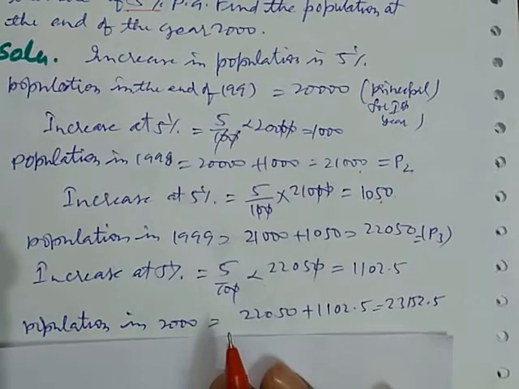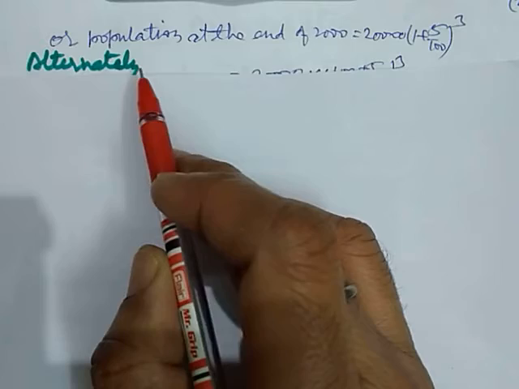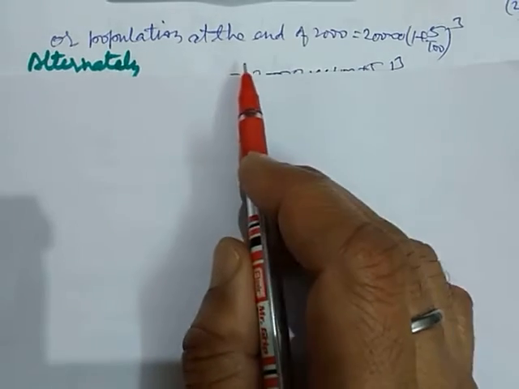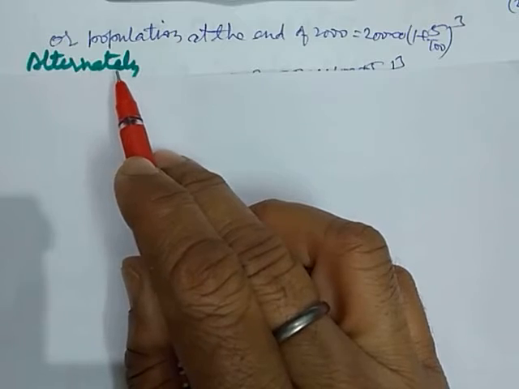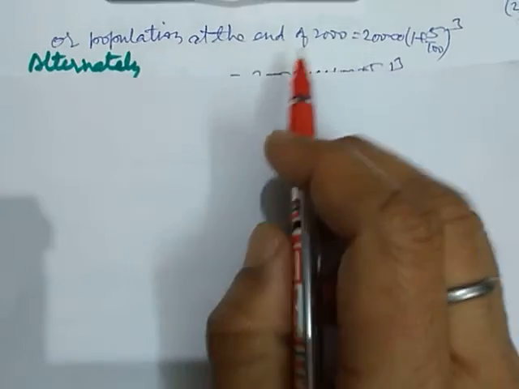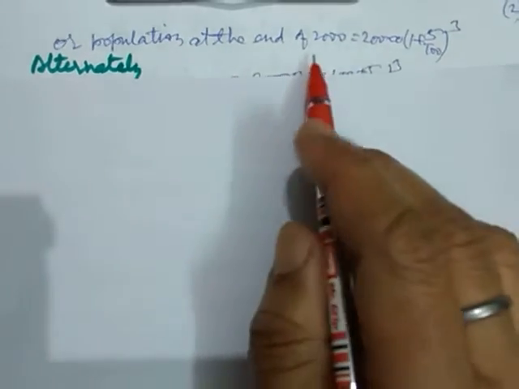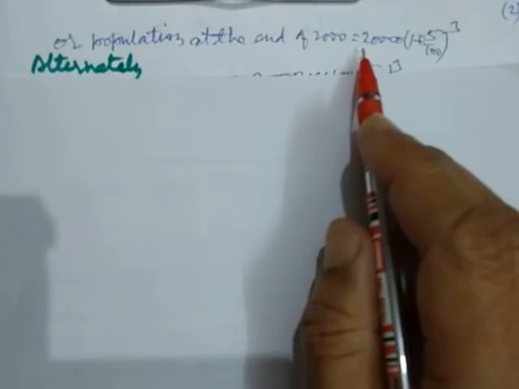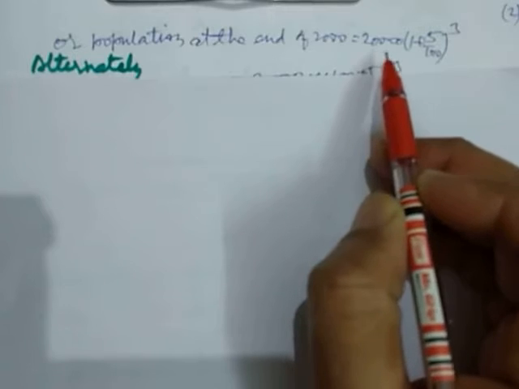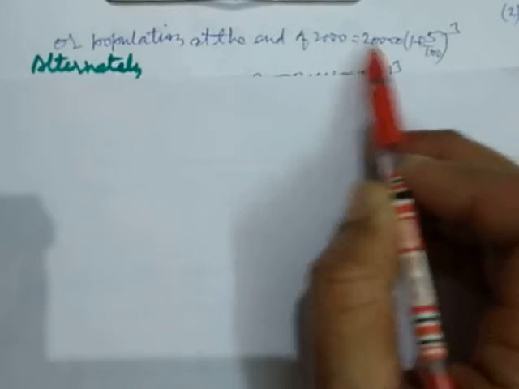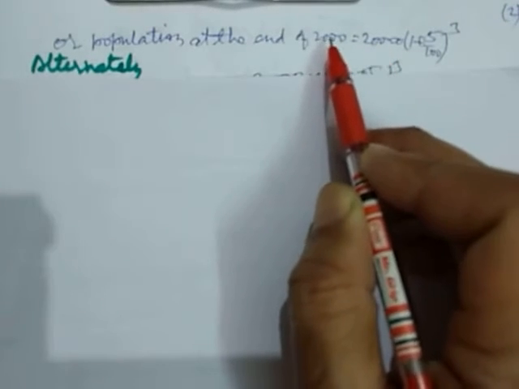Now we calculate the population by a different method, alternatively. So population at the end of 2000 can be directly calculated by using the compound interest formula. A equals, what is the formula?